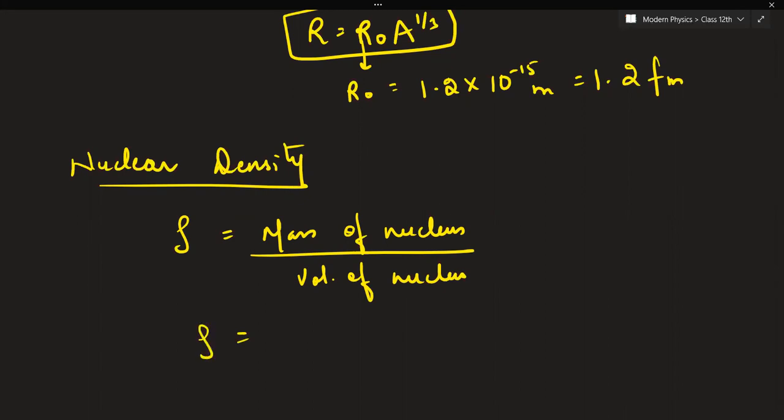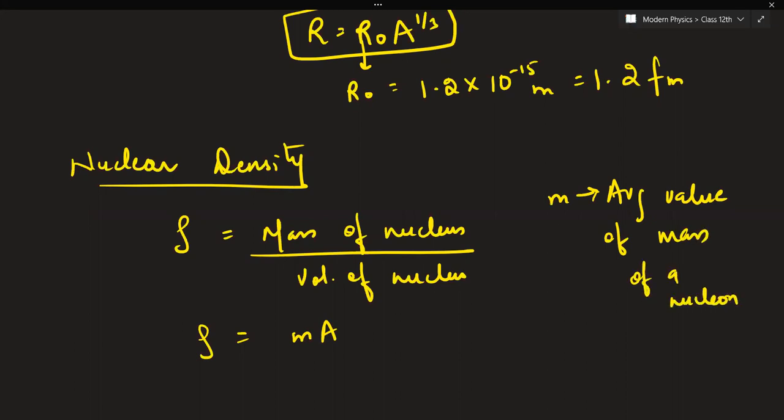So what will be the mass of the nucleus? If A is the mass number, and let's say the average mass of a nucleon is m, then m is the average value of the mass of a nucleon. And the volume will again be 4/3 pi r cube.